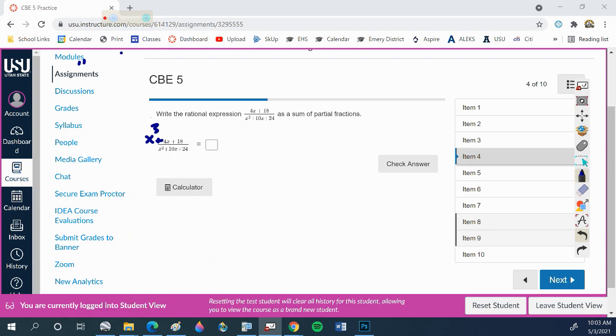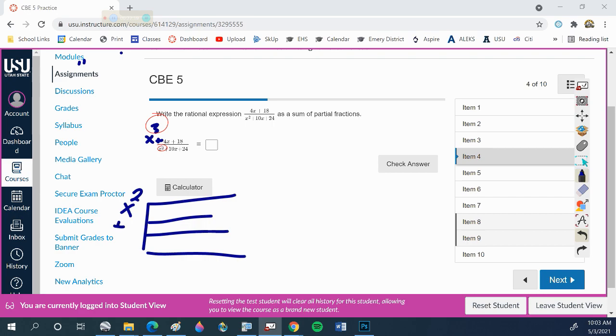So if your degree on top is larger than your degree on bottom, you're going to do polynomial division. So you would do x squared plus 10x plus 24. And then you're going to go through and solve it all the way, and you might get something like x plus 1 remainder x minus 3.